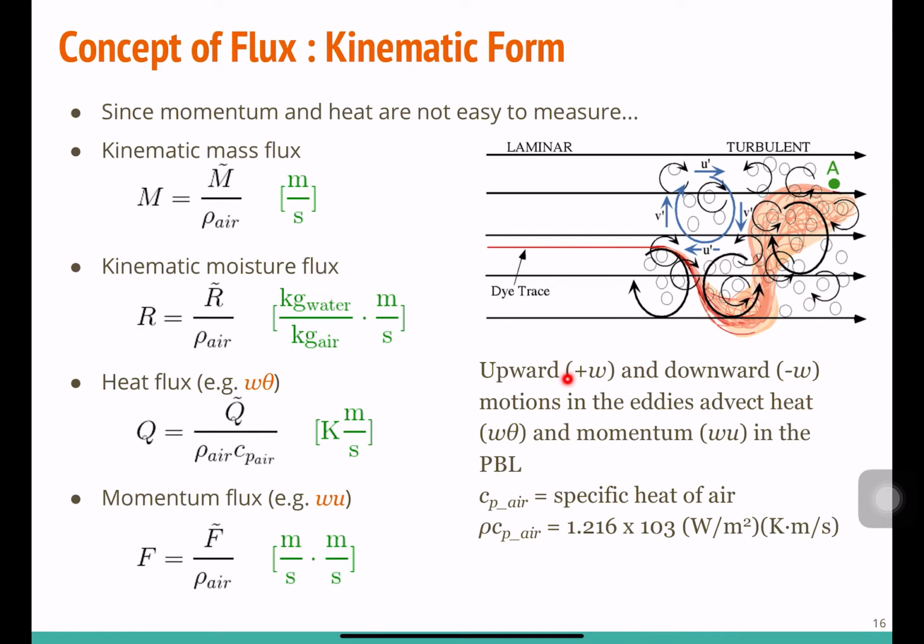The upward positive W and downward negative W motions in the eddies can move the heat, this one, okay, moving the heat upward or downward, and then also moving the momentum in the planetary boundary layer. So this is how we study flux in this course.